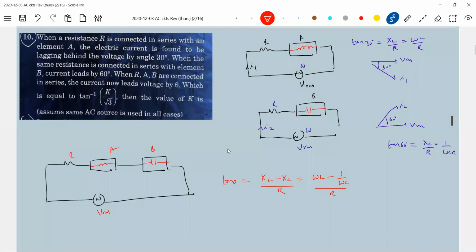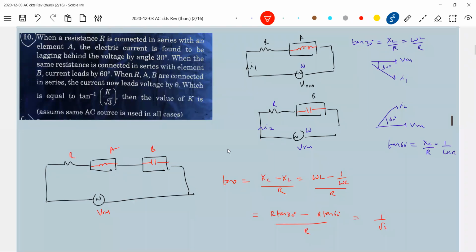Omega L we can substitute here. Omega L will be R tan 30 degrees. 1 by omega C will be R tan 60 degrees by R. R will get eliminated. So tan 30, XC by XL we will take.